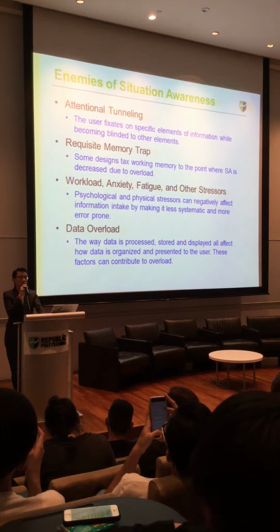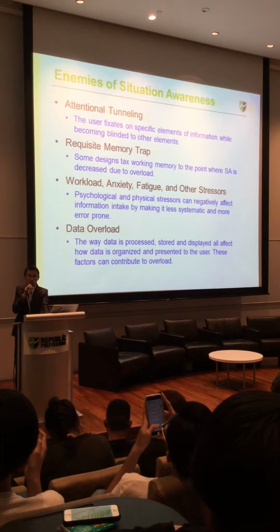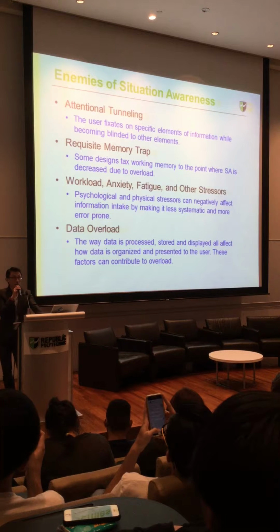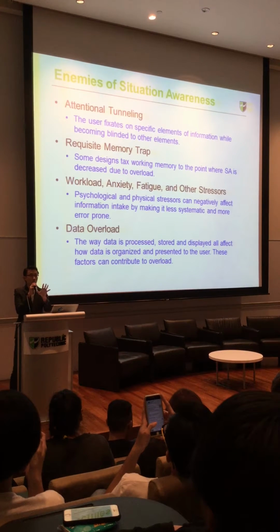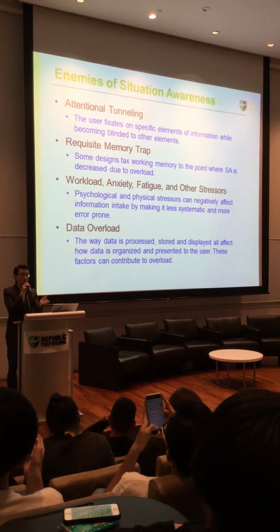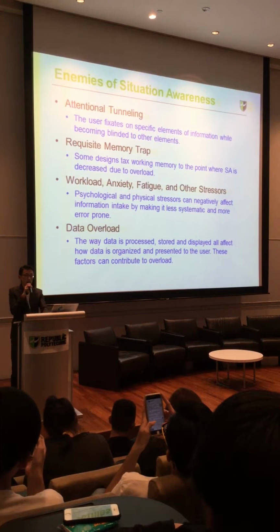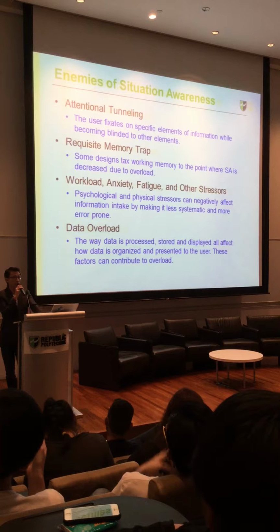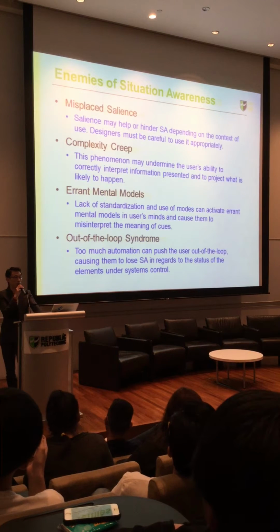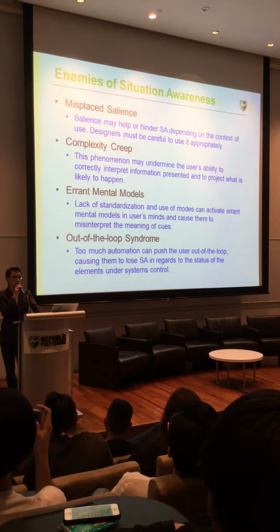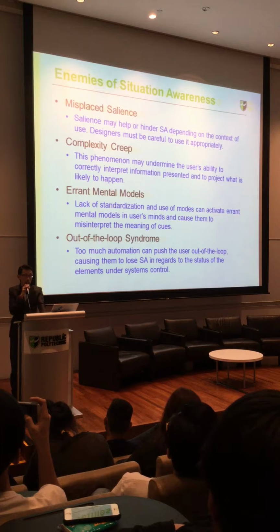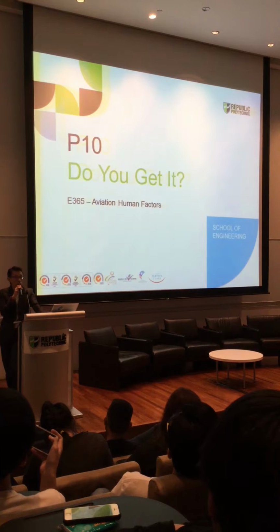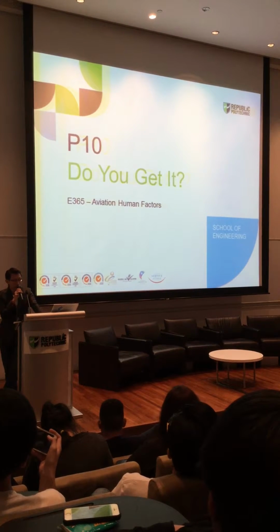At the end of your revision, you must know the meaning, in your own words, your own feel of what it is, and at least name a few of them. So that's it for P9.